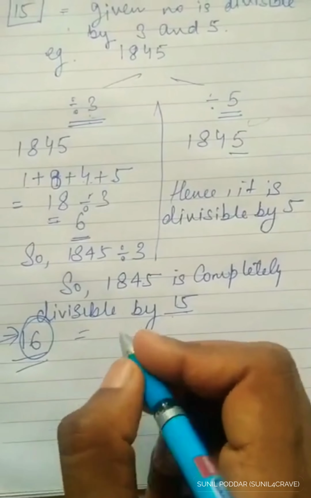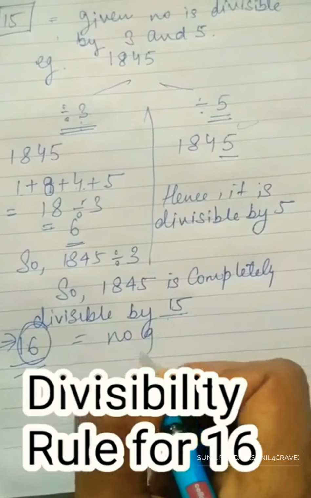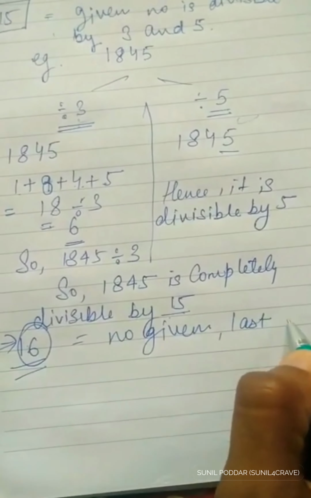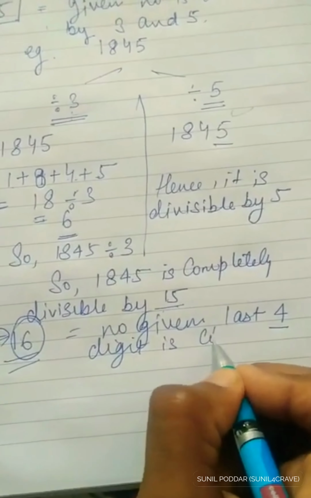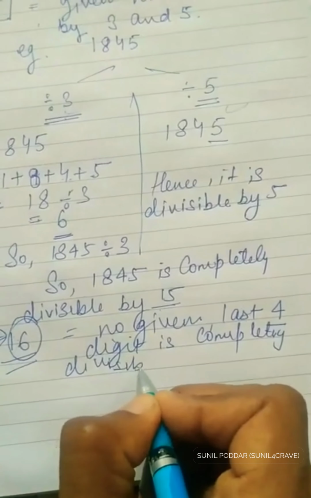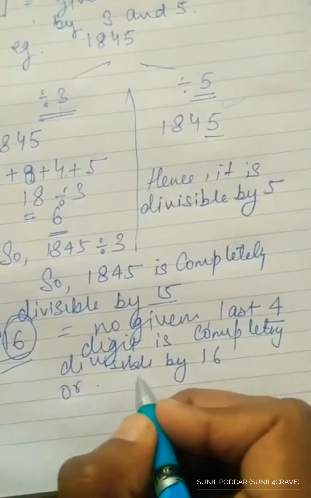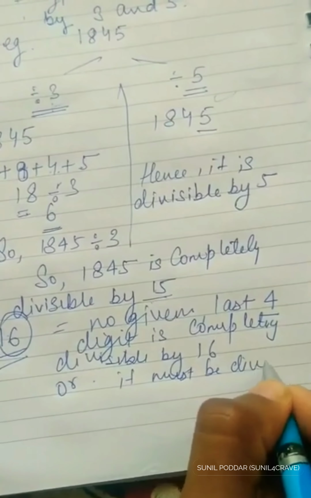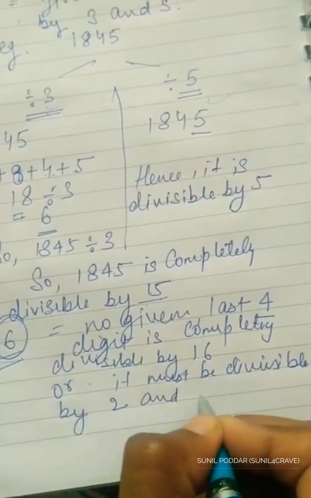The number given, the last 4 digits, is completely divisible by 16, or it must be divisible by 2 and 8 also.